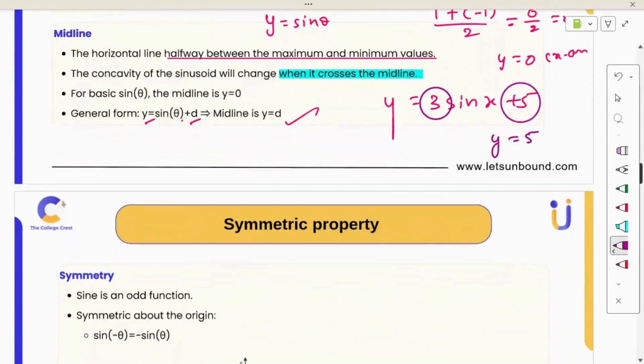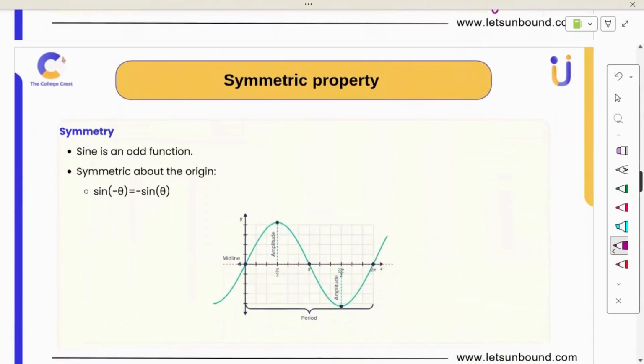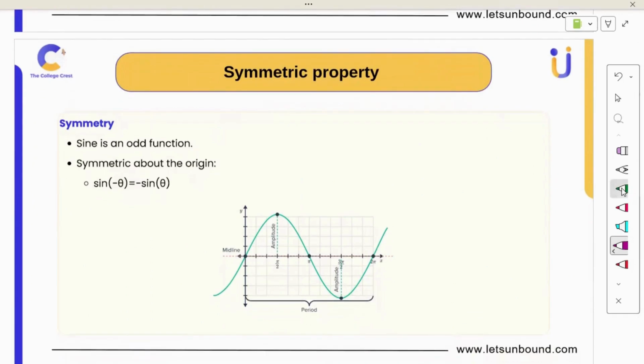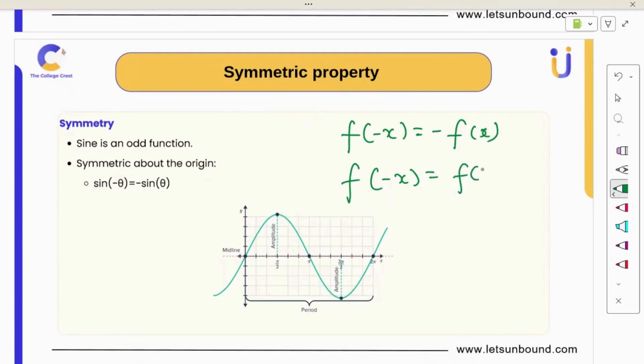Now, important properties: odd function and even function, we already learned, right? Let me recall. If a function is odd, f of minus x should be minus f of x. If you do f of minus x and you get exactly your original function, it's even.